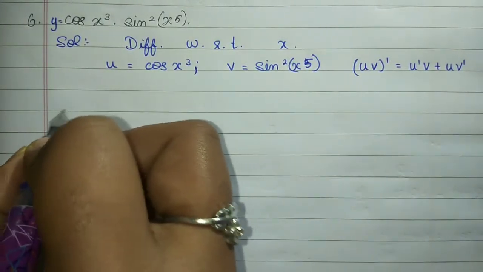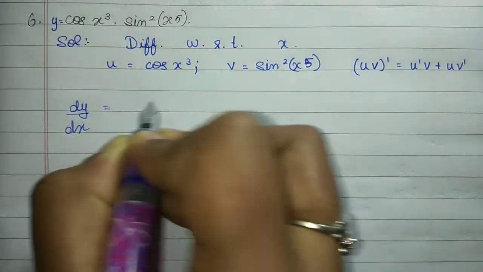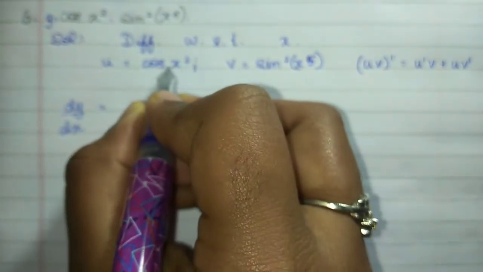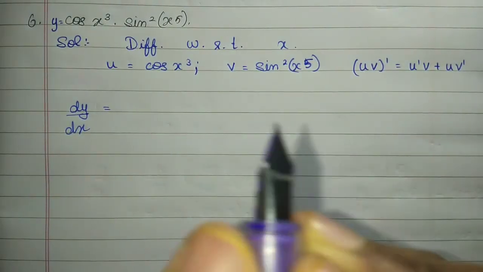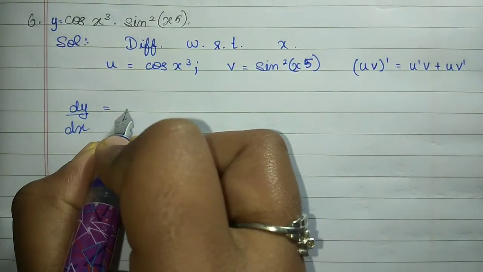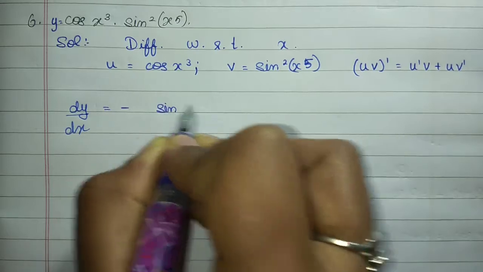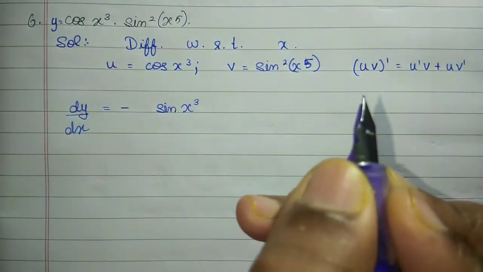So what we will be using is that dy by dx is equal to u'v. So what is u'? The derivative of cos theta is minus sine theta. What is my theta here? x cube.